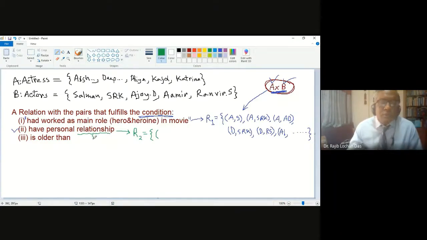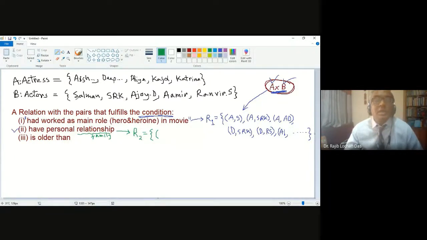Okay, so if you think about family relationship, then Aishwarya is not connected with anyone here, right? She is the wife of another actor, Abhishek, but that person's name is not included in the set. So we are not thinking about Abhishek because the name is not included in the set.